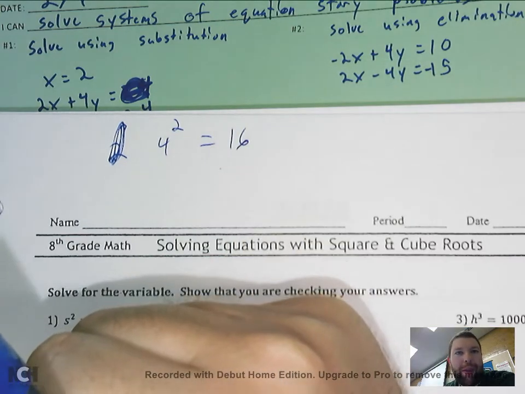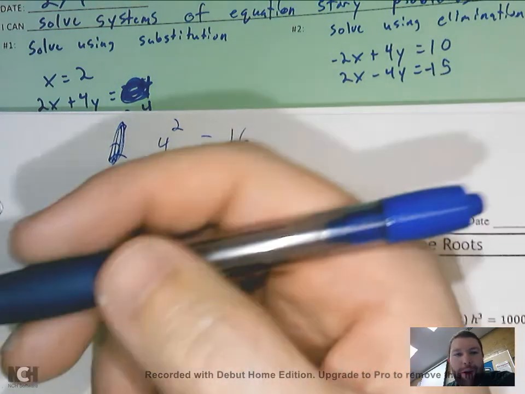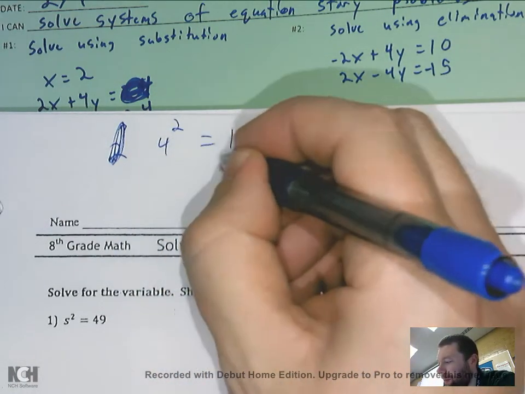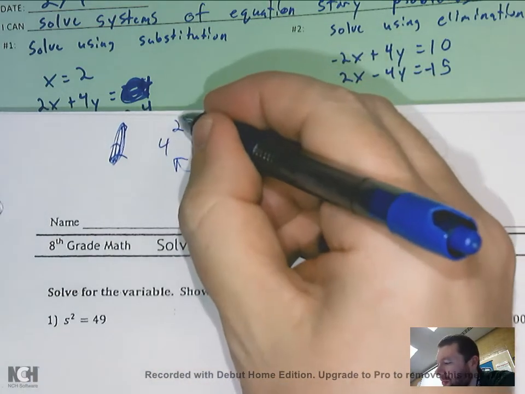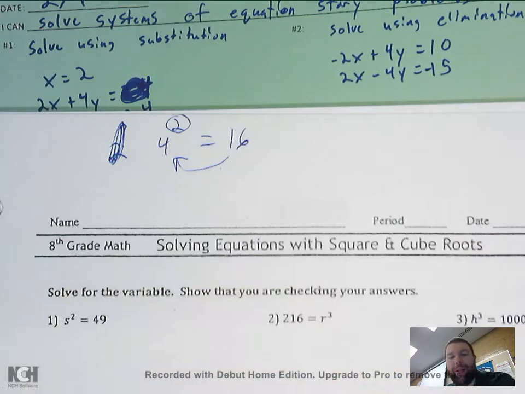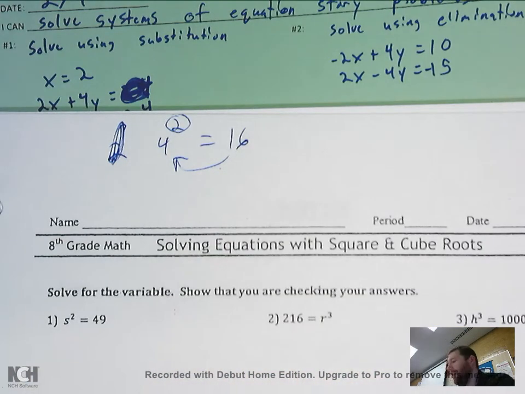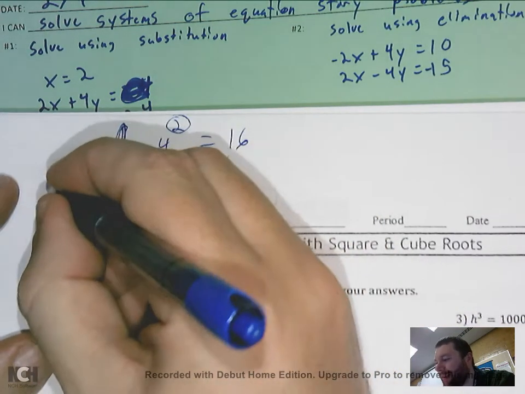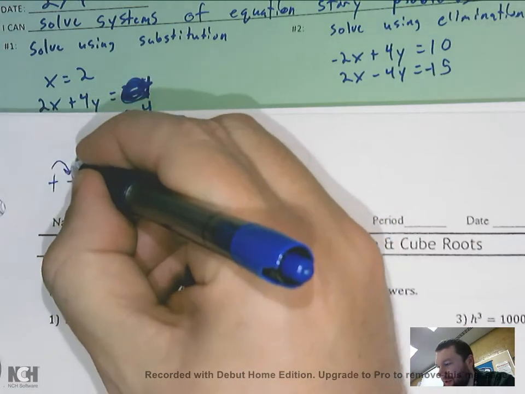Now, let's say I want to go back to what I started with, back to this original number. How do you undo a square? Well, you do it by doing the opposite operation. If you were to add something, the opposite operation is subtract, and vice versa.